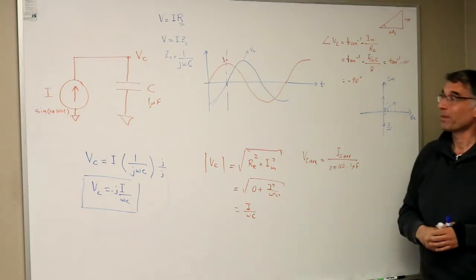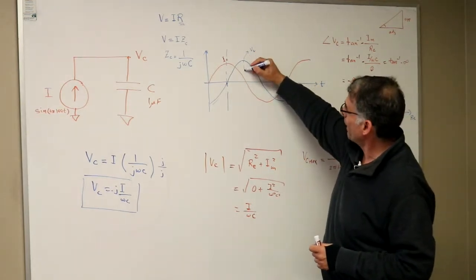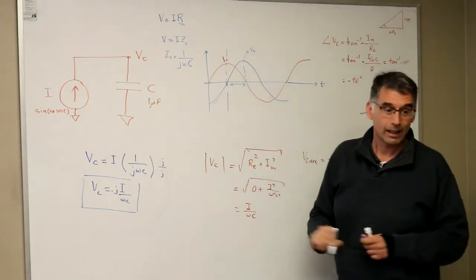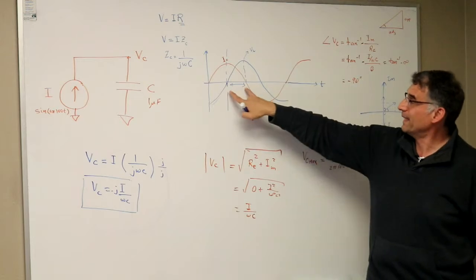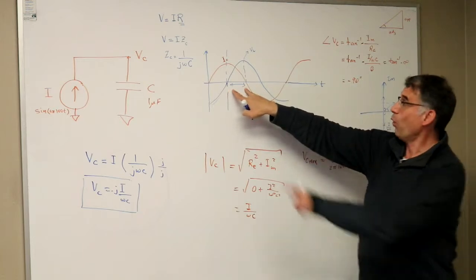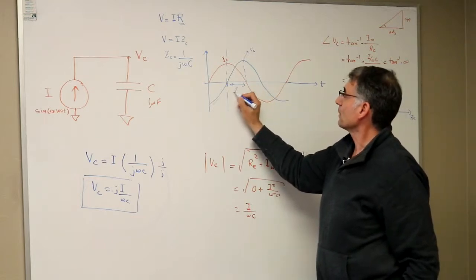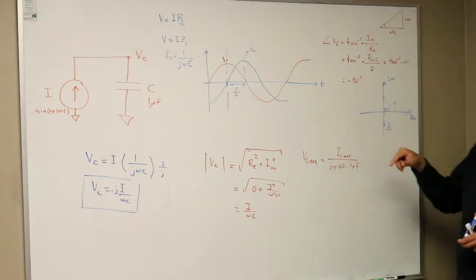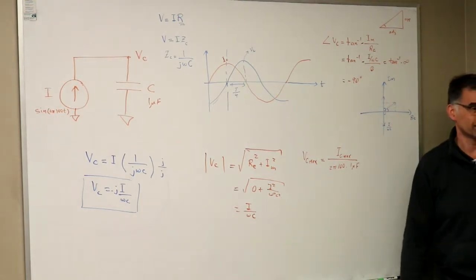Good job, Armand. And so I asked you guys to actually go ahead and measure these times, if you remember. And then when you plugged in the numbers and looked at this difference, over the entire period, this turned out to be the period divided by 4. One full period divided by 4 is 90 degrees.